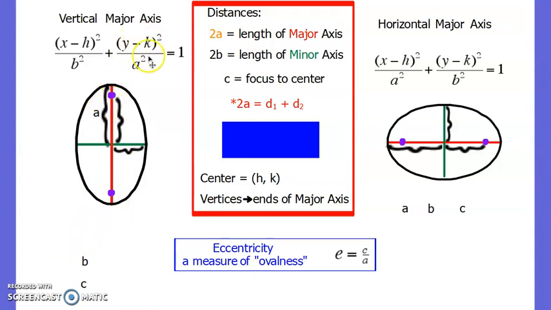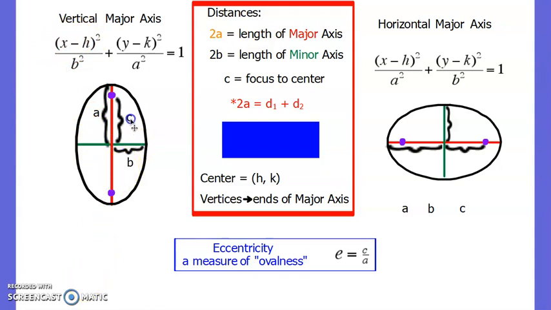Because y was squared and a is longer than b, b is always the shorter distance in the other direction. Because the longer distance is beneath the y squared, we travel in the y direction for the major axis. The b squared tells us the distance we travel from the center, left and right, because it's beneath the x squared. And remember, x always travels horizontally, left and right.